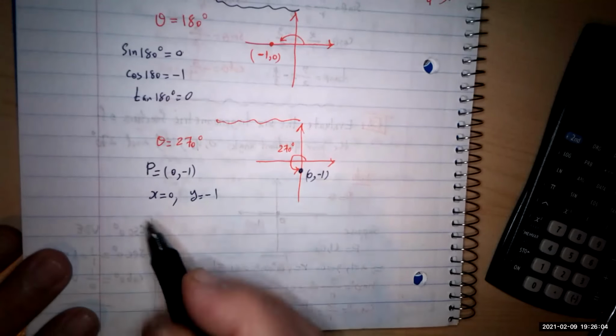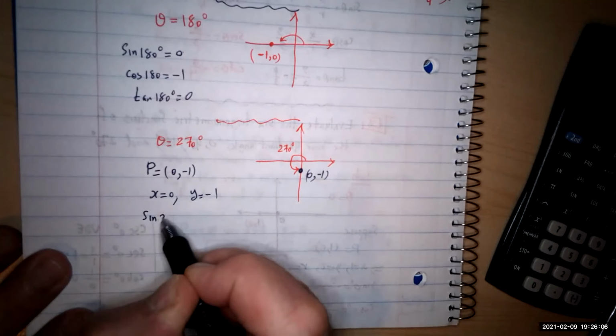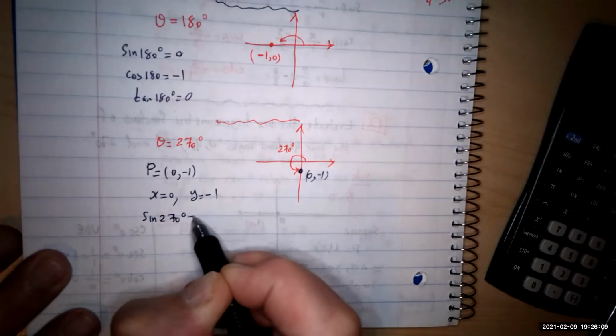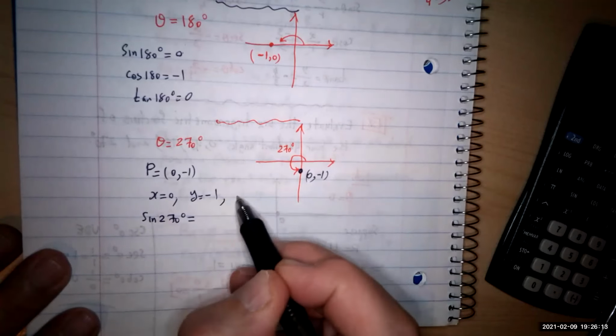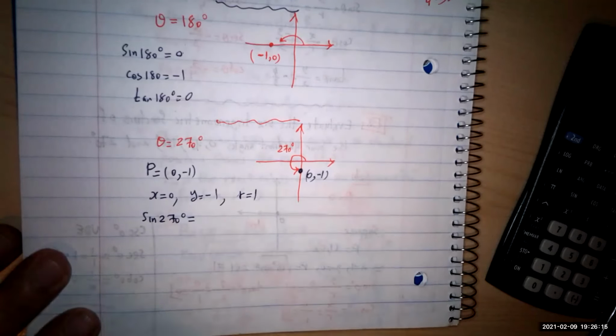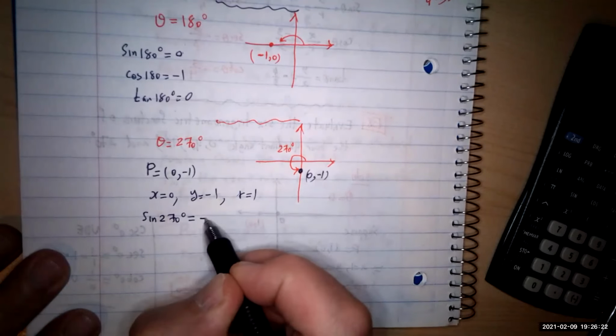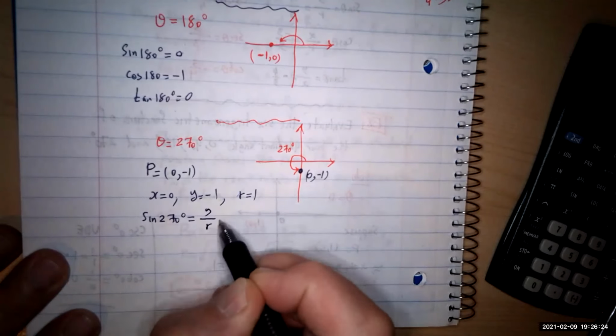Okay, and we can find the sine of the 270. Oh, I'm sorry, I need to give you the r. R is 1. Again, we have this in future on the table. The sine is going to be y over r, which is -1.